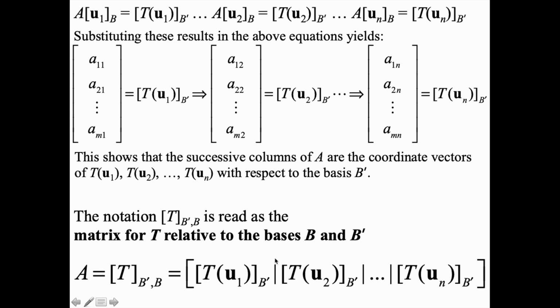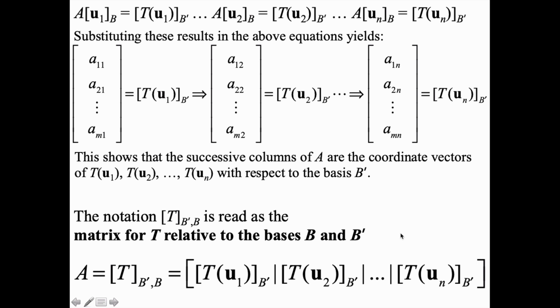And you just create an augmented matrix. You put all those columns next to one another, and we get our transformation matrix. Much like we did before with the standard basis vectors, we realize, oh, you just put those next to one another, and that creates the standard matrix transformation. Well, now we're dealing with non-standard scenarios. We're going to generalize.